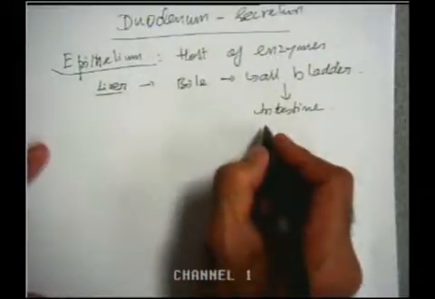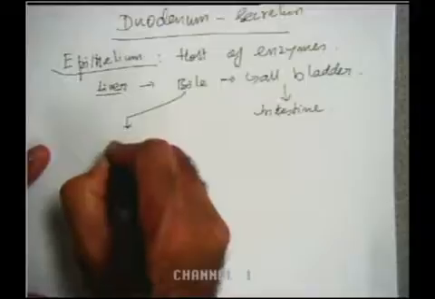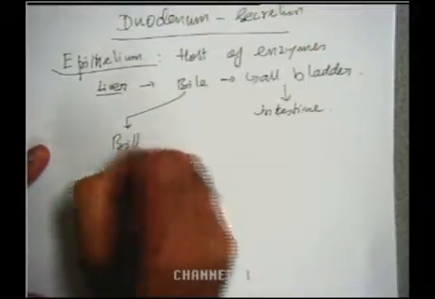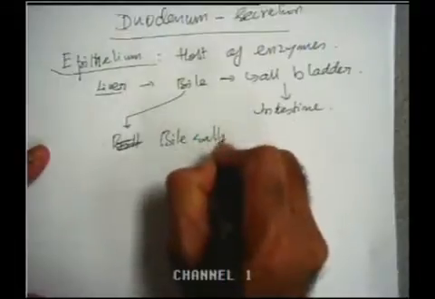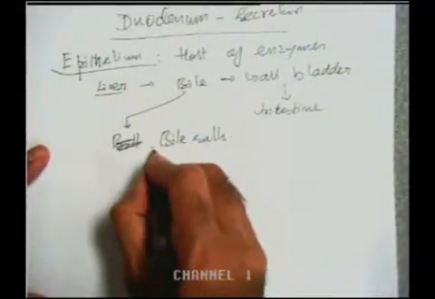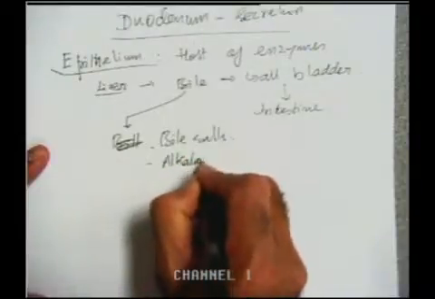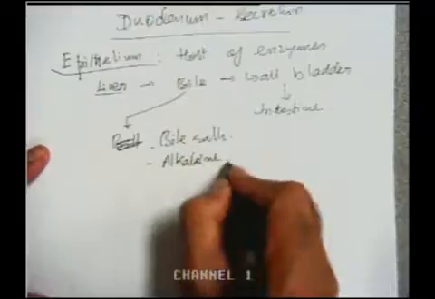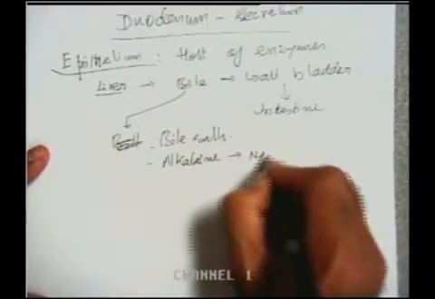So the purpose of this bile, the bile salts, and also the function is alkaline, A-L-K-A-L-I-N-E, alkaline. This will neutralize the pH.